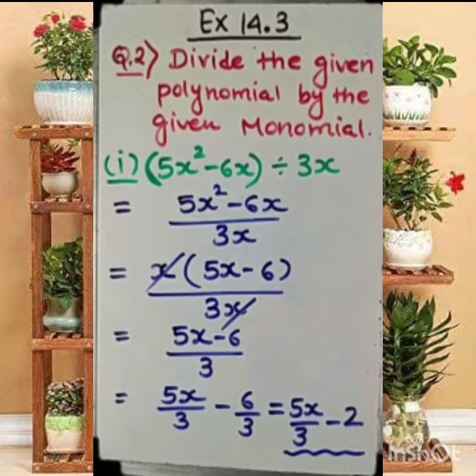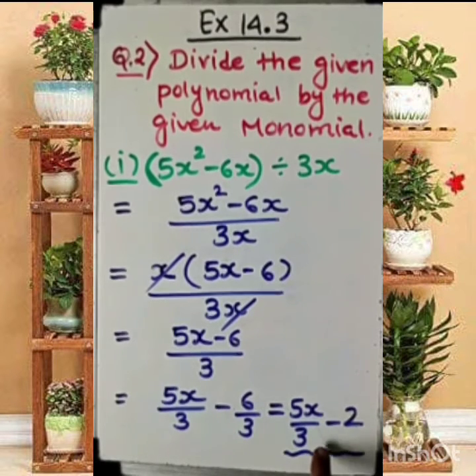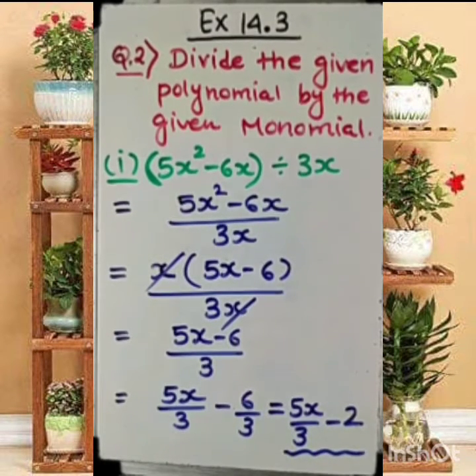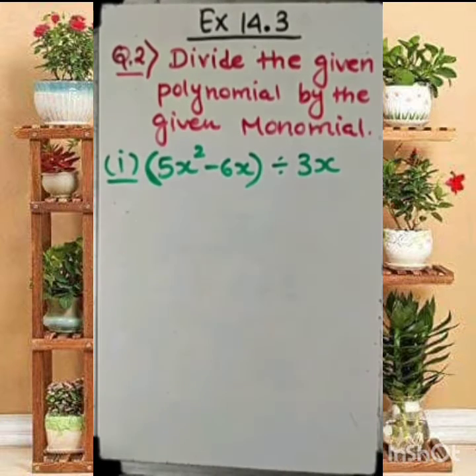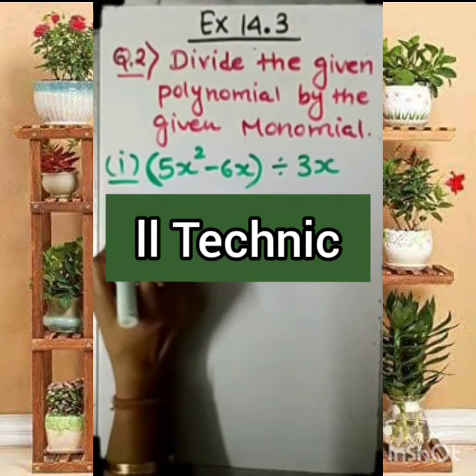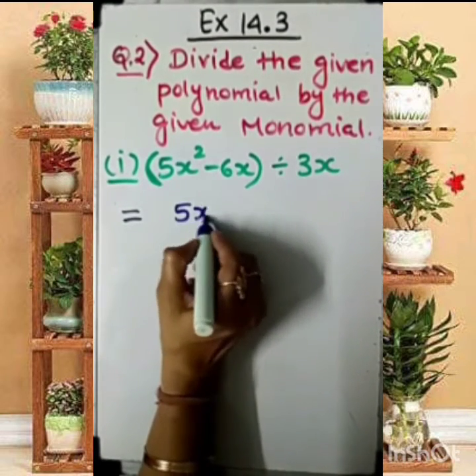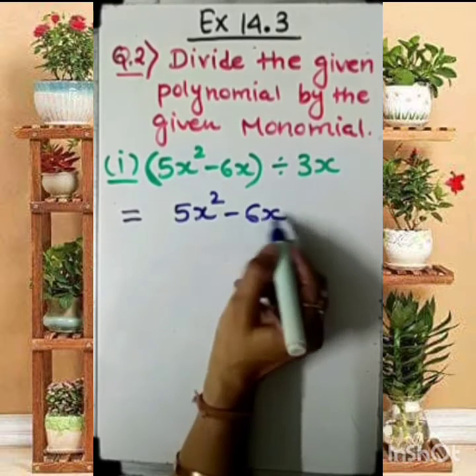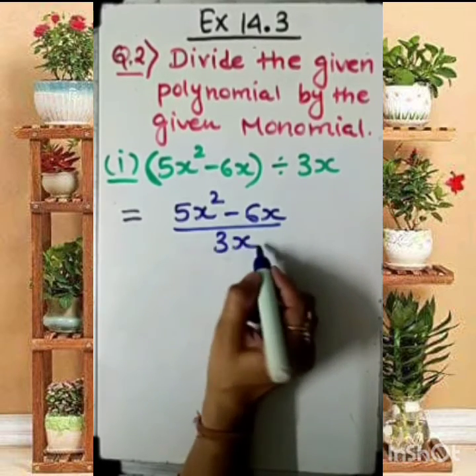So my dear student, this question can be done in this technique also. Okay, if you are consulting the answer of the NCERT book, then it is giving something else. Not something else, but it is similar to this. You can apply this technique also. Here I am showing you the technique. So let's apply the second technique of how to solve. Very easy. First of all, what we are given in the numerator, let it be as it is, and this is 3x.